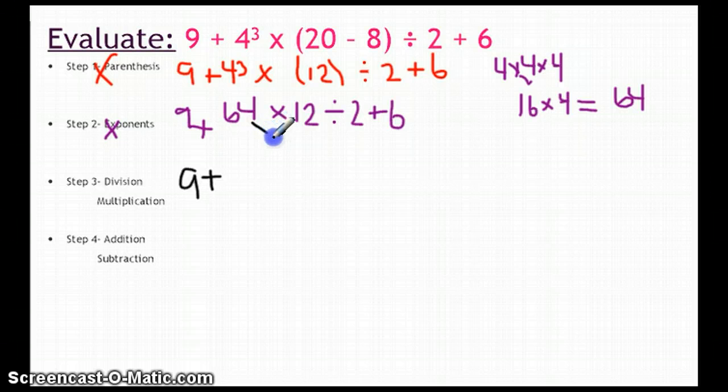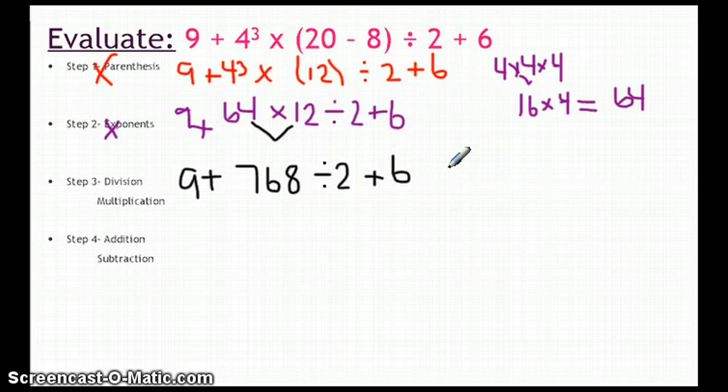We have 64 and 12. When you take 64 and multiply it by 12, we are going to get 768 divided by 2 plus 6.